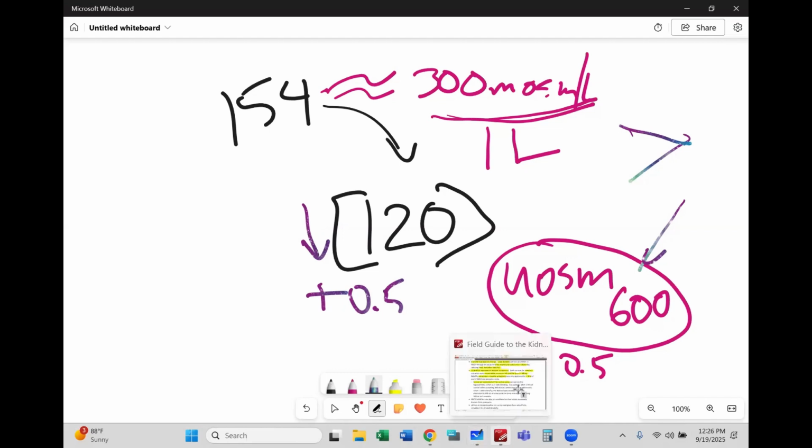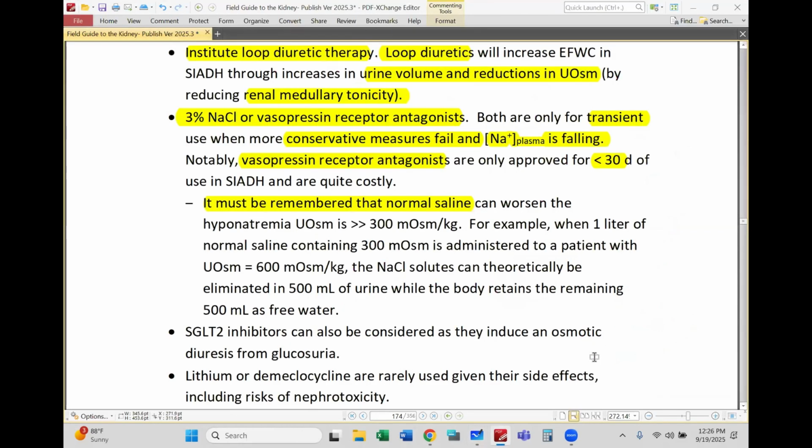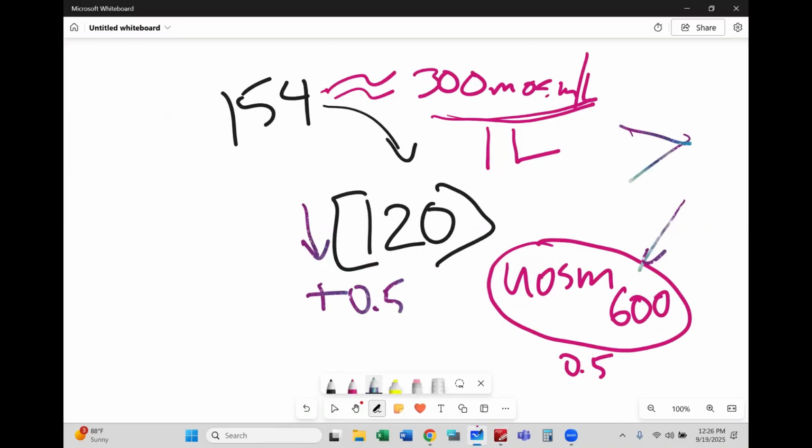In practical approach, this really doesn't happen unless you have a urine osmolality of around 500 to 600. And that is because none of us can put a hold on urea excretion. We'll say, okay, you gave me salt. Well, I'm going to hold off on excreting any urea for now. I'm going to take all that salt you gave me and I'm going to dump it in less than a liter of urine.